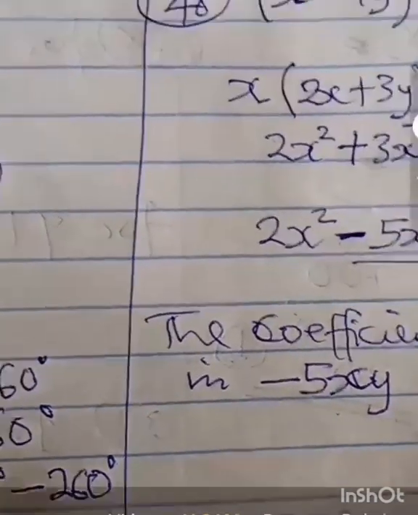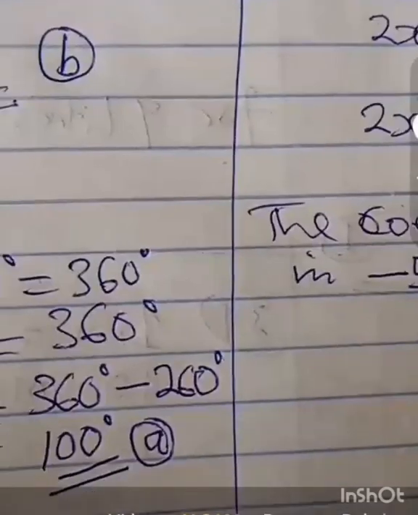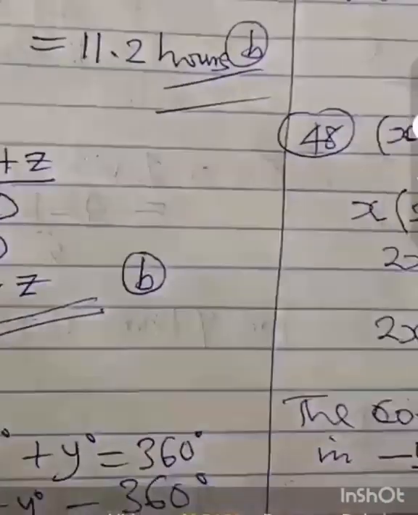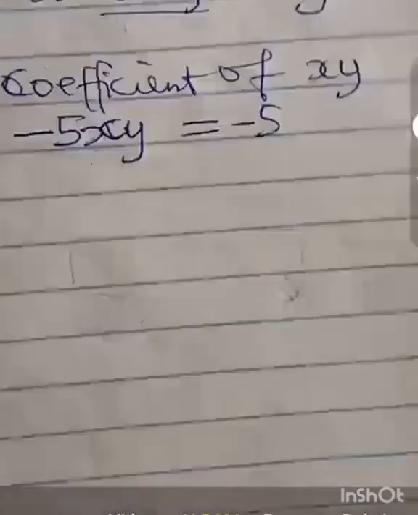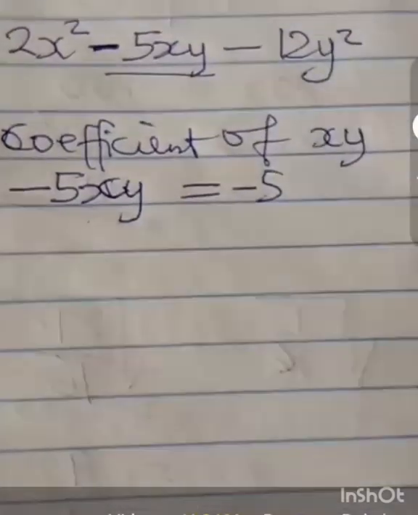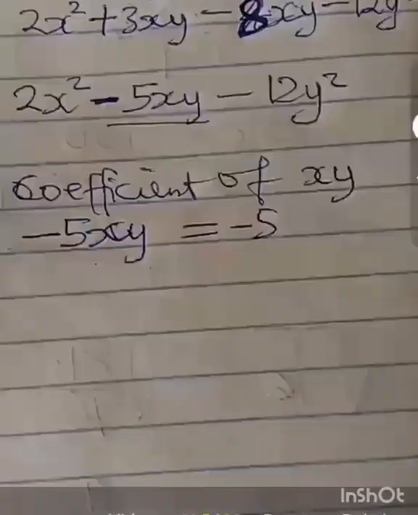Like I told you before, the number behind the variables in the expression is your coefficient. If you're viewing it from your left hand, it's in front; from your right hand, it's at the back.